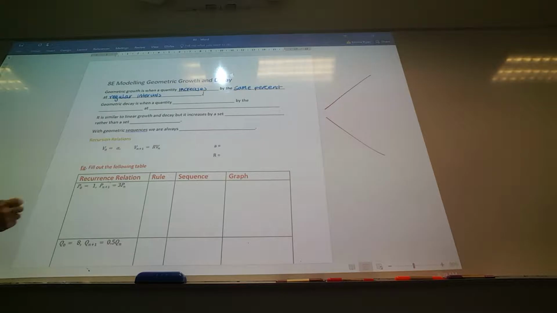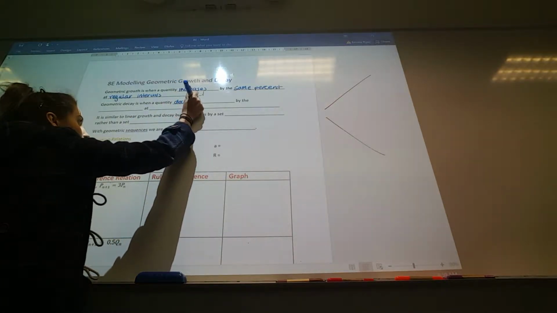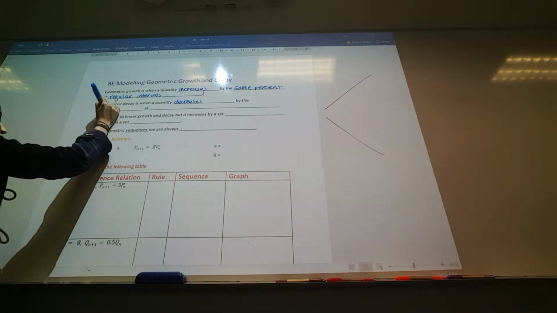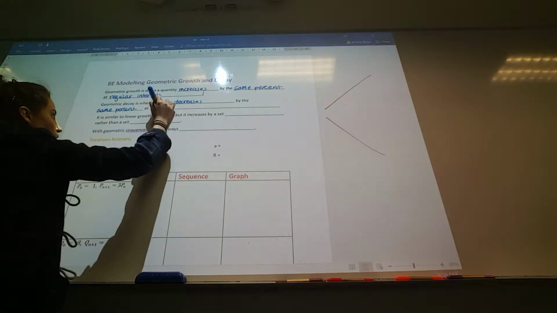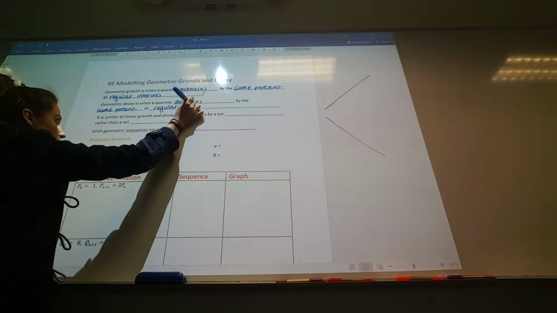And geometric decay is when a quantity decreases by the same percent at regular intervals.